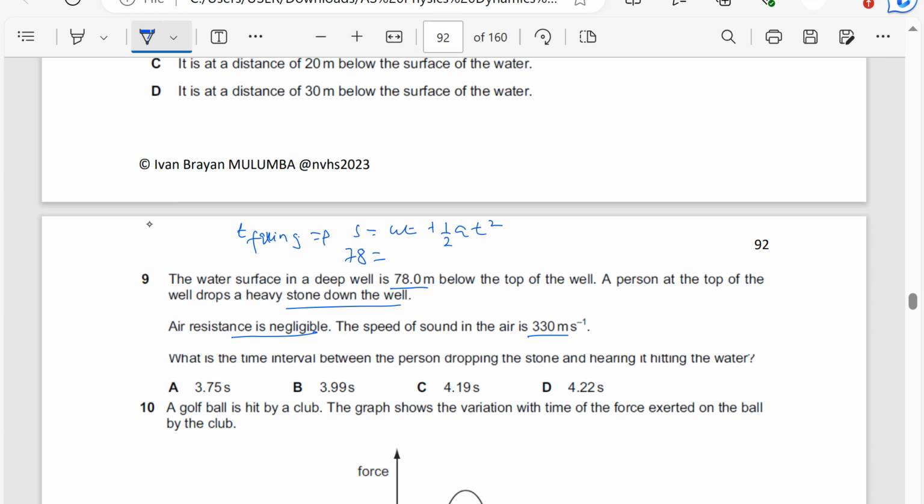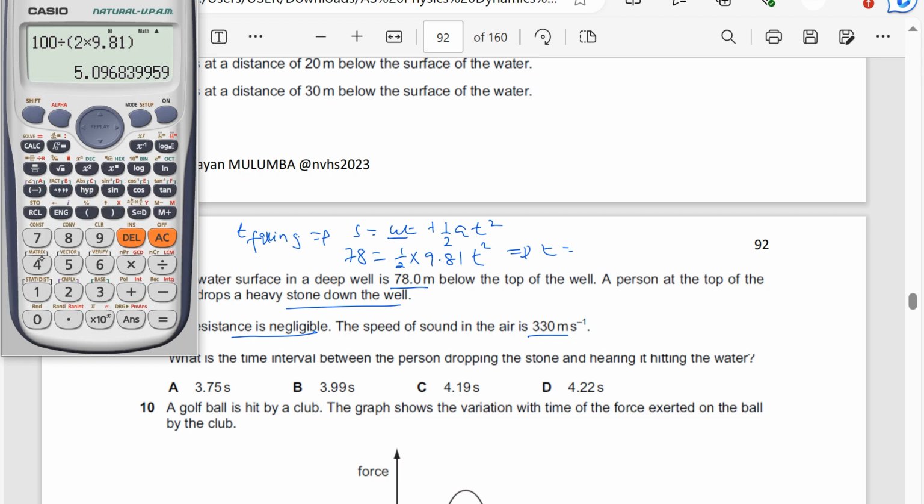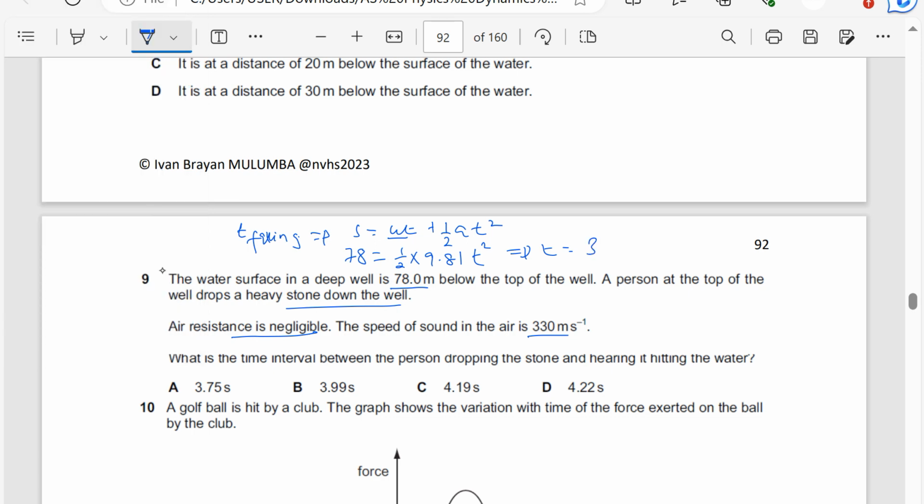Initial velocity is 0, so this part will be 0, so this is equal to a half times the acceleration, 9.81, then times t squared. So what is t? The time of falling is going to be 78 times 2 divided by 9.81. Then I find the square root of the answer. So that is 3.99 seconds, the time it takes to fall to the bottom.